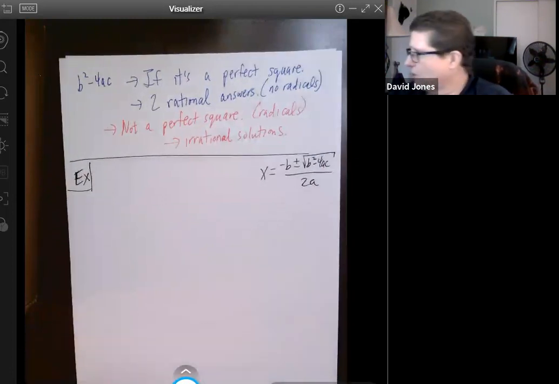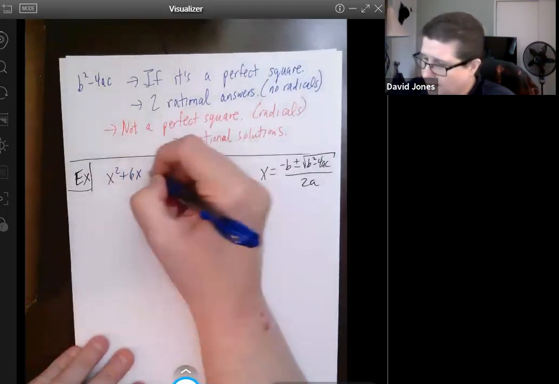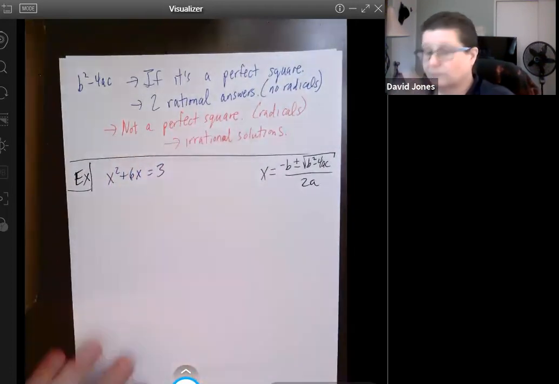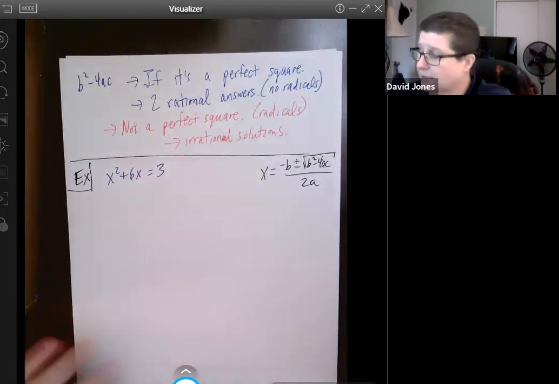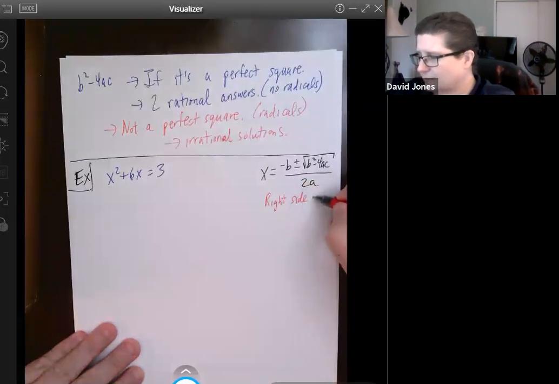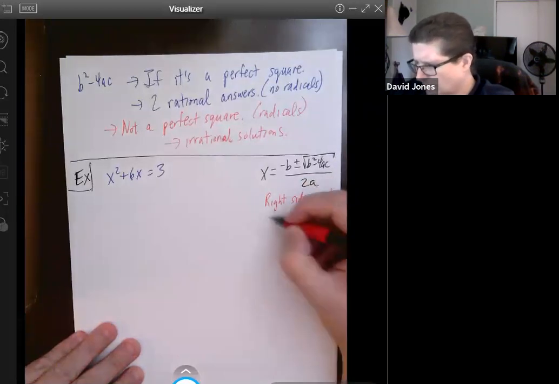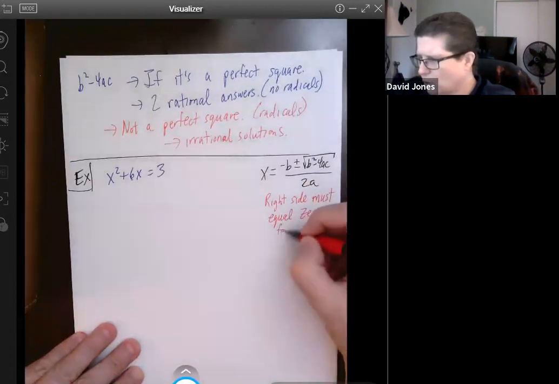And we are going to start off with x squared plus 6x equals 3. To use the quadratic formula, the right side has to equal 0, or one side has to equal 0, for the quadratic formula.